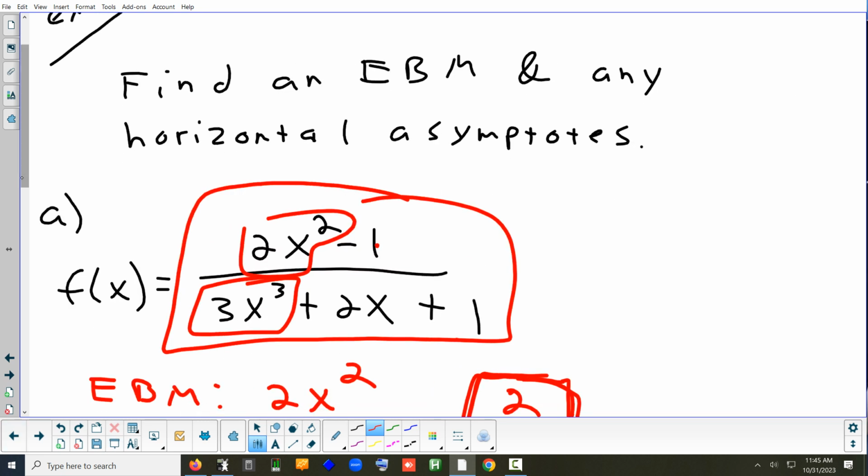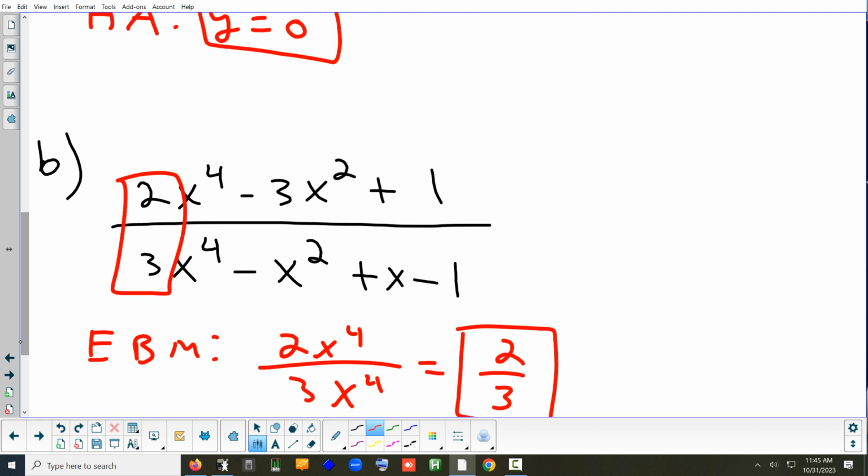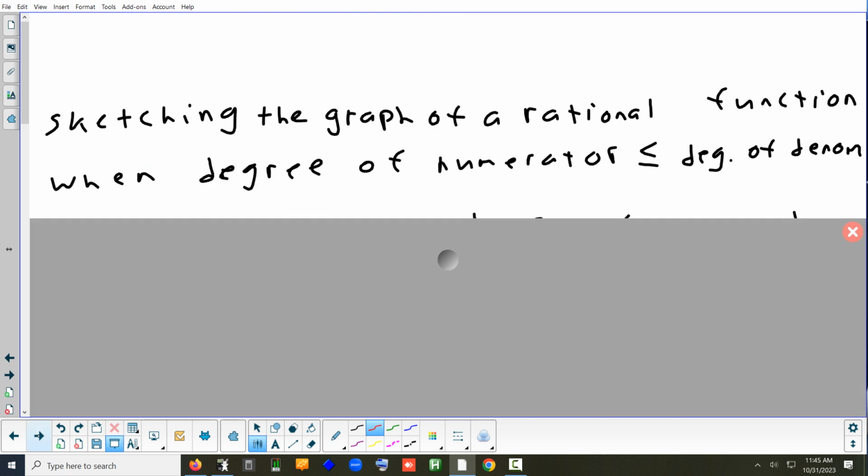Like this one, it's smaller than what's in the bottom. Or like this one, they're equal. We're not going to do it where it's bigger until later.